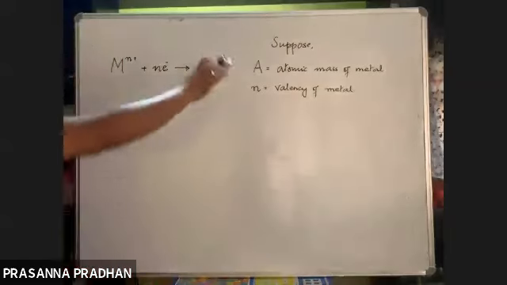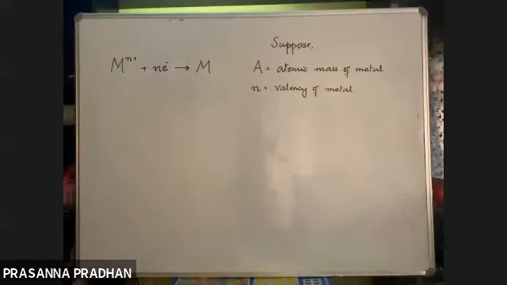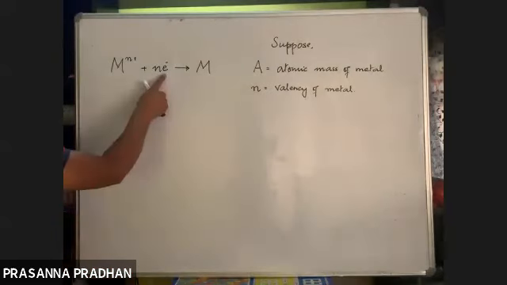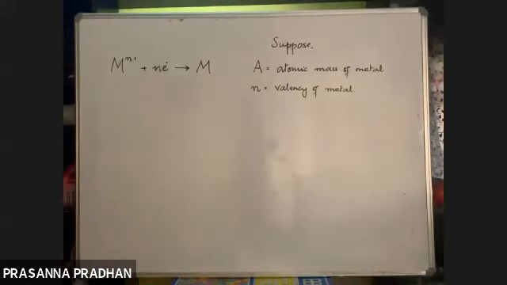Now, using the same concept as we did just now, how many moles of electrons need to be passed to deposit 1 mole of metal? Tell me. n moles.